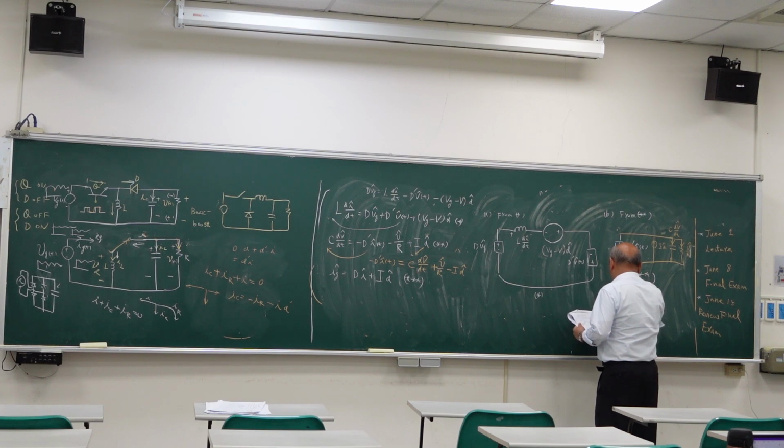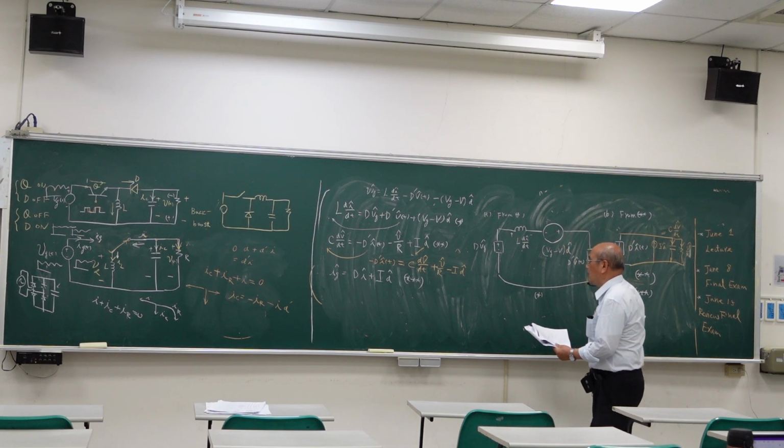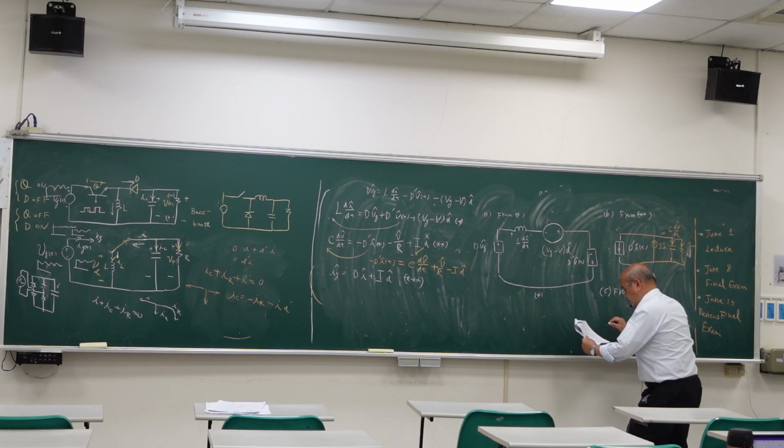How about C? C is from the third step. We can draw VG. We can draw IG.